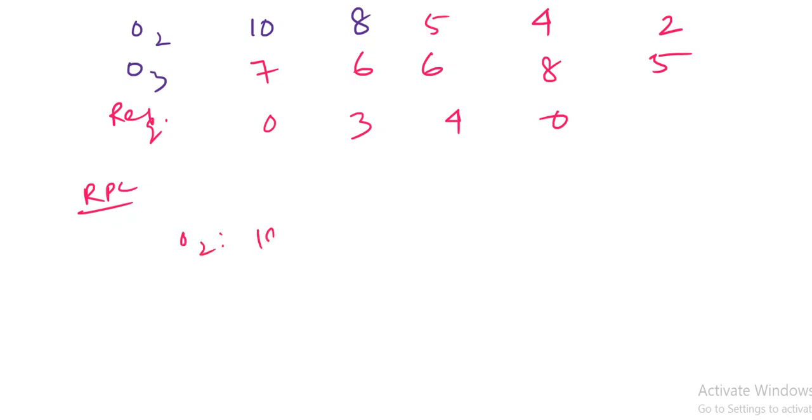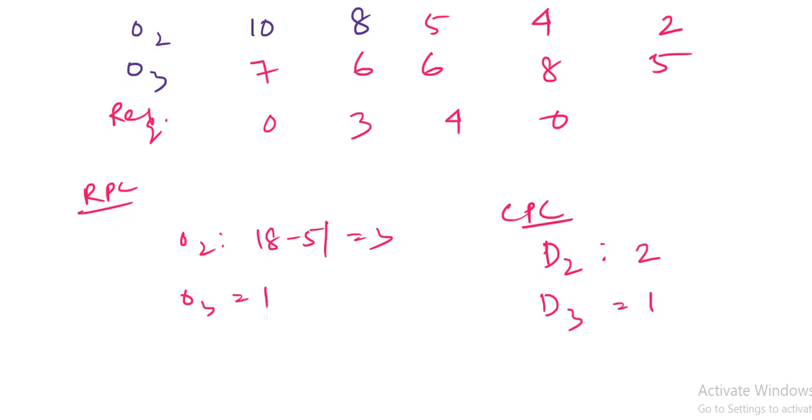O2 is 8 minus 5 is 3, O3 is 7 minus 6 is 1, and CPC for D2 is 8 minus 6, that is 2, and D3 is 6 minus 5, that is 1.